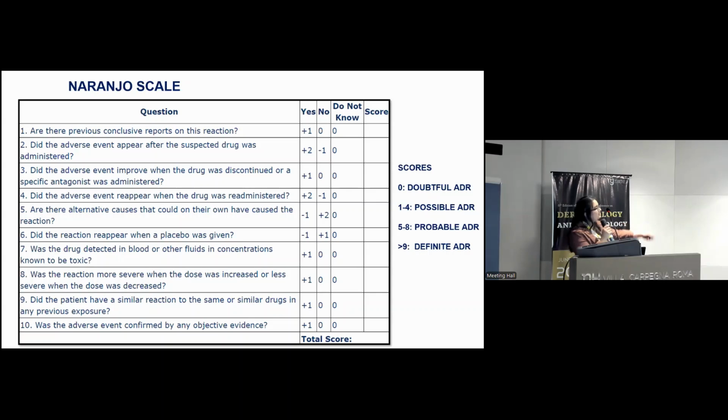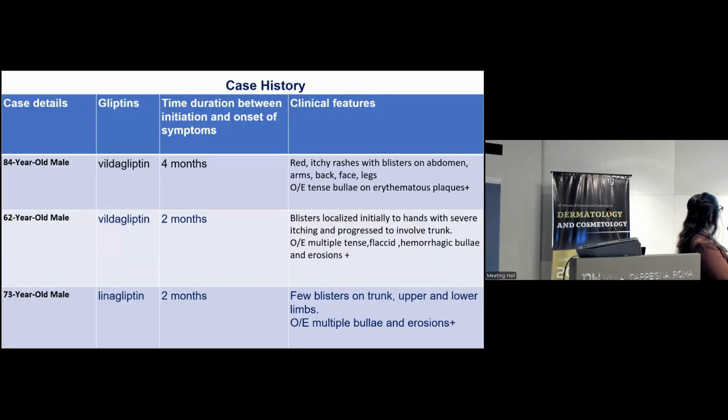So this is the Naranjo scale. Based on these questions, an adverse drug reaction can be scored as 0 for doubtful, 1 to 4 for possible, 5 to 8 for probable, and greater than 9 for definite adverse drug reaction.